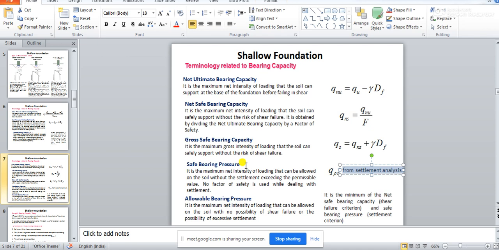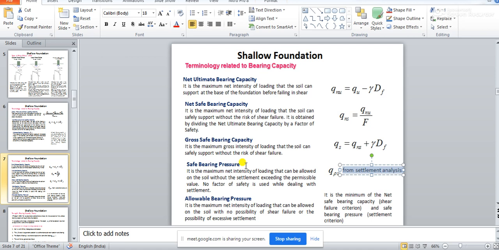We will have to consider the shear failure criteria and the settlement failure criteria, and depending on that, the maximum load intensity which can be allowed on the soil, which is transferred through the foundation to the soil without any chance of either shear failure or settlement failure.